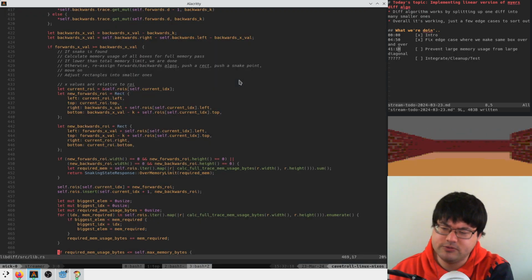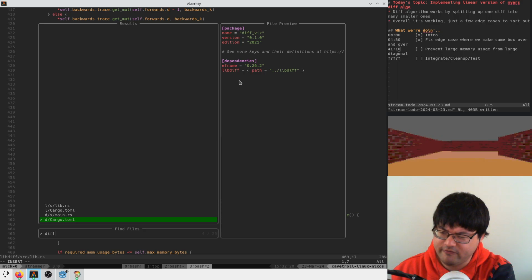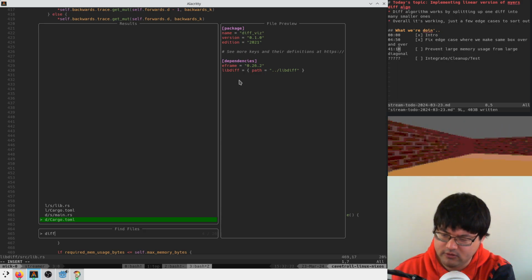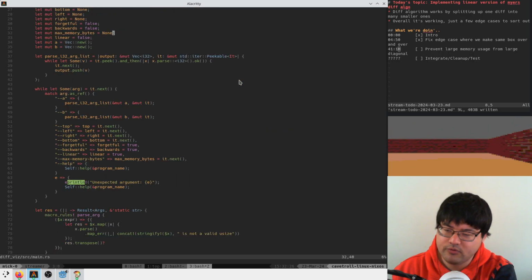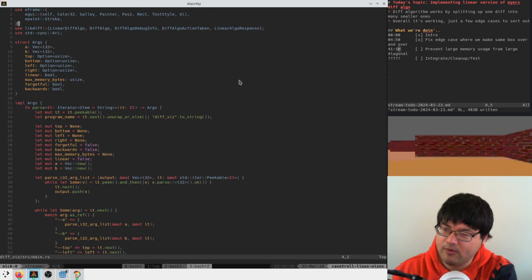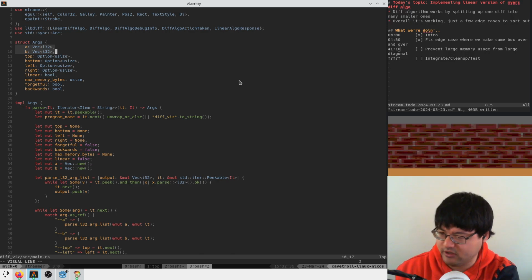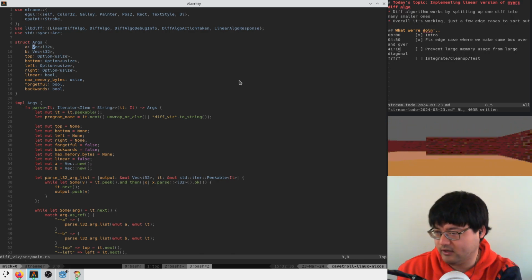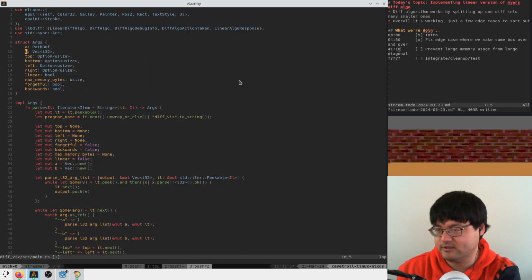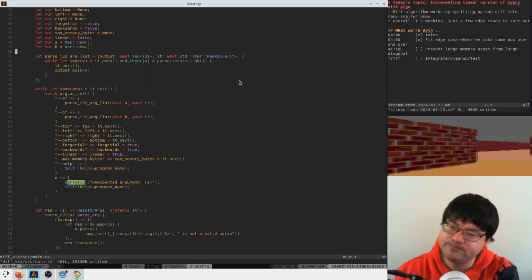Okay, so now what we want to do is look at a diff visualizer. And in here, we right now are saying, hey, feed us a bunch of integers as your A and B. But what if we instead said, we'll take some paths to some files.